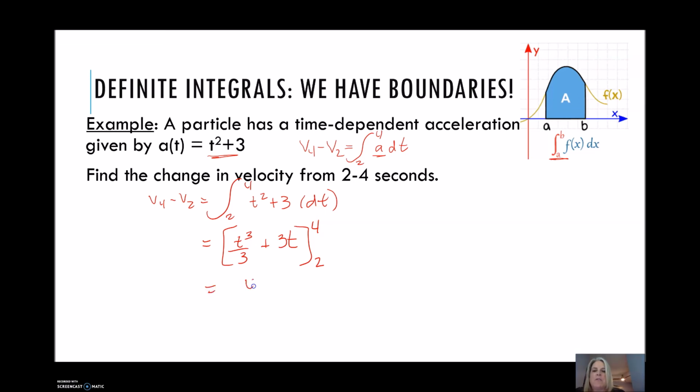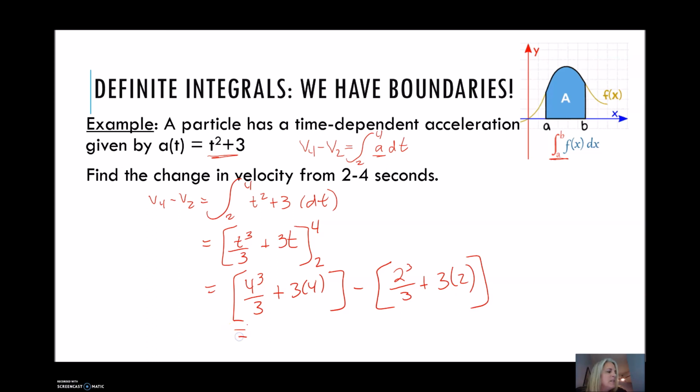So we're going to do 4 cubed over 3 plus 3 times 4, and from that we subtract 2 cubed over 3 plus 3 times 2. When we do this first quantity, it's 33.3.